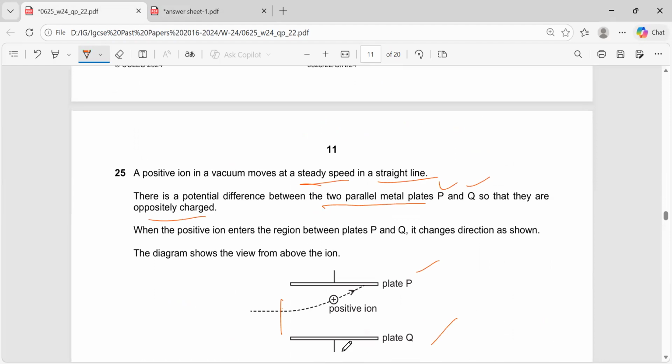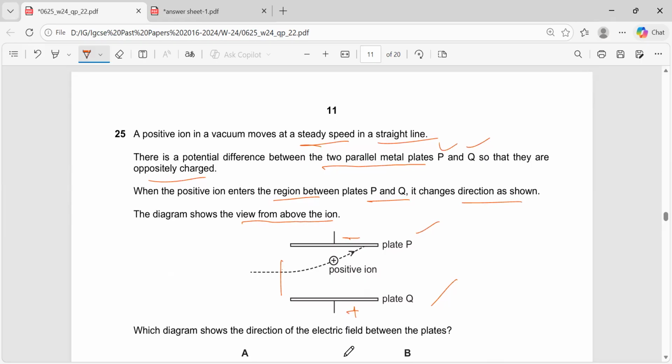When the positive ion enters the region between P and Q, it changes direction as shown. The diagram shows the view from above of the ion. One thing is crystal clear: as this is positively charged, it is attracted towards the negatively charged plate. So this one is the positively charged plate. Now, my dear friends, which diagram shows the direction of electric field between the plates? Very simple, electric field lines always travel from positive towards what? Negative.